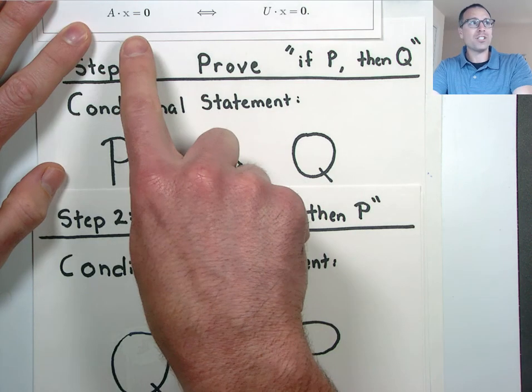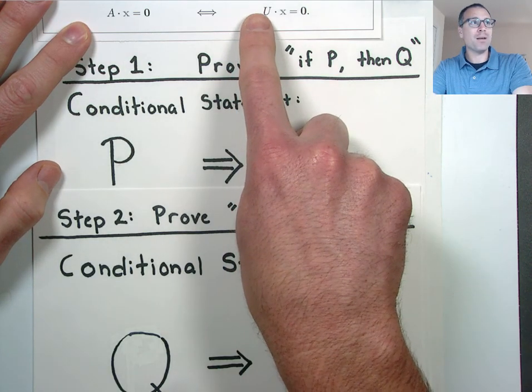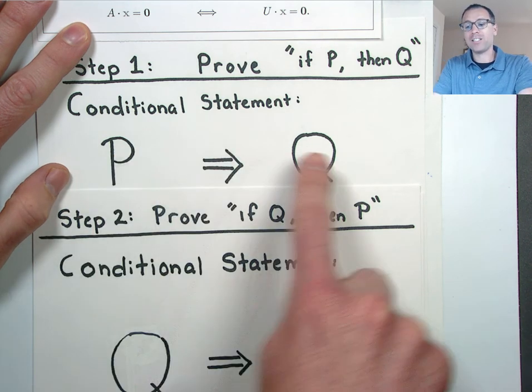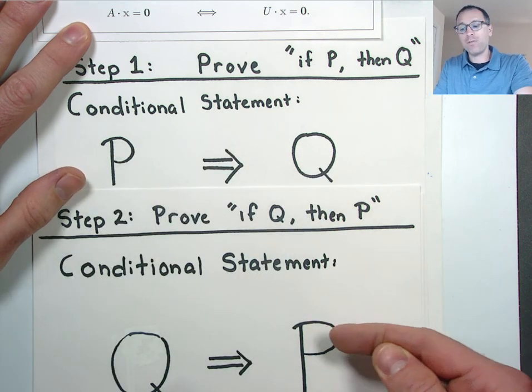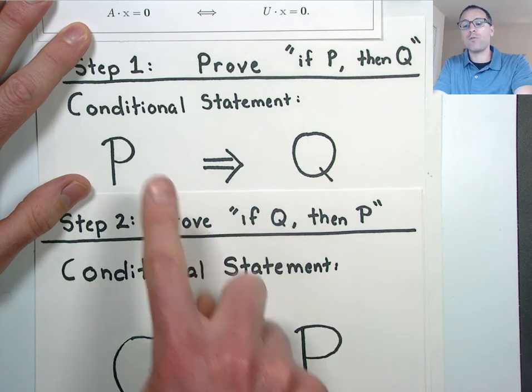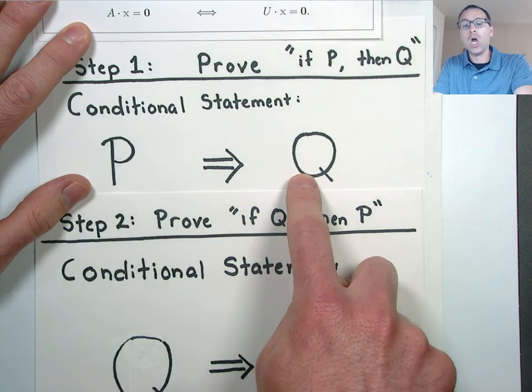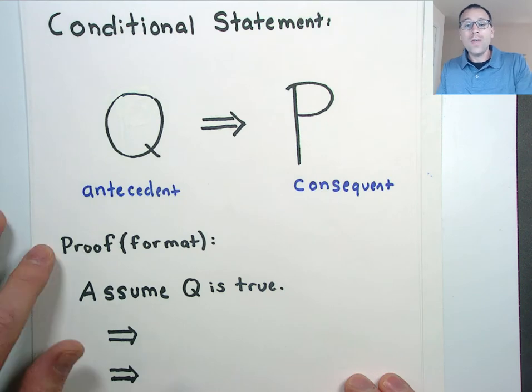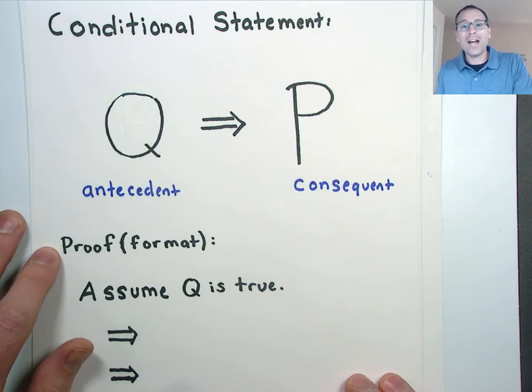Remember, our goal was to prove the biconditional statement. We broke it into the first step, which is one way, P implies Q. The second step of that proof is going to go the other way, or switch the antecedent and consequent. So instead of proving P implies Q in the second step, we'll also prove that Q implies P, at least in the direct method. To do that, we use the same direct format.